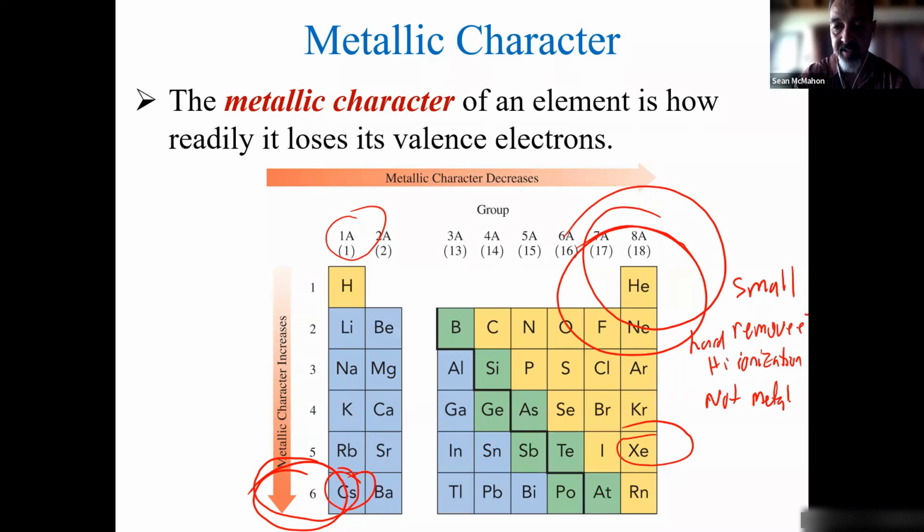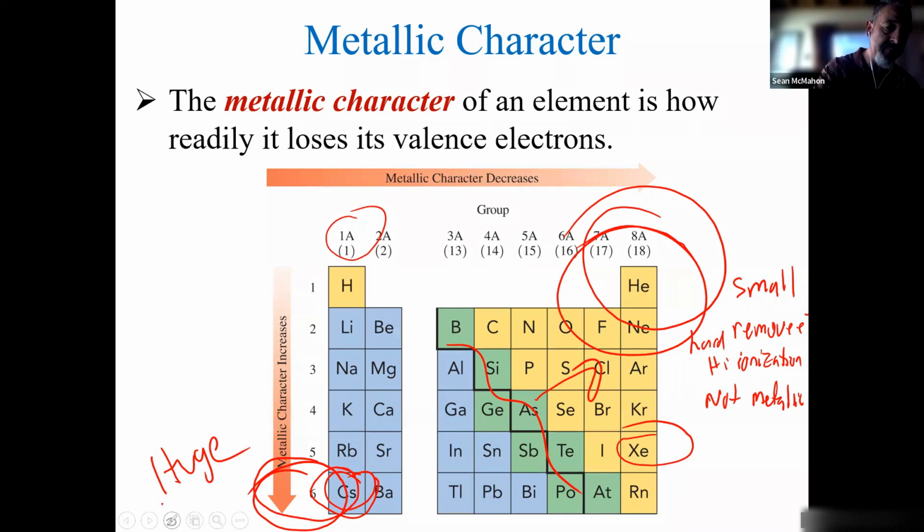In fact, we said earlier, on this side we have nonmetals, so they're not metallic. This region, we have huge atoms, so it's really easy to remove electrons, right? And as a result, they're very metallic because metals like to lose electrons.